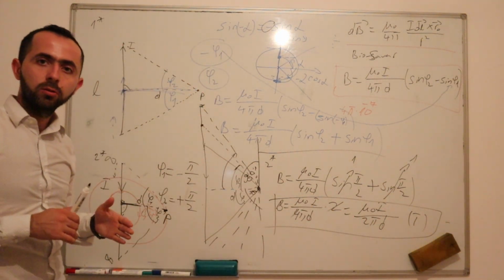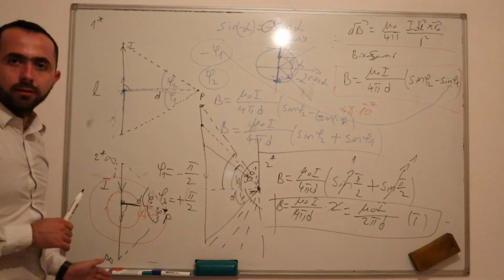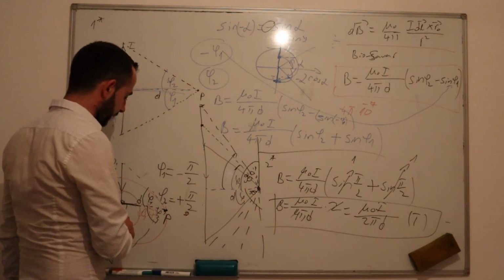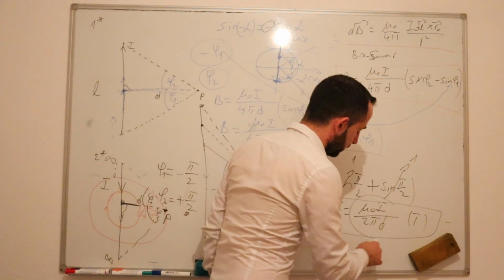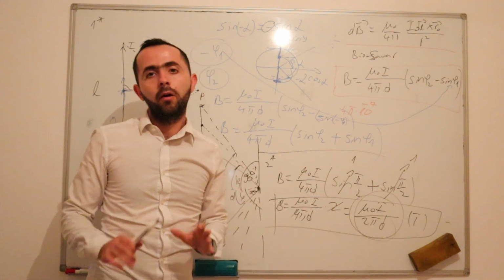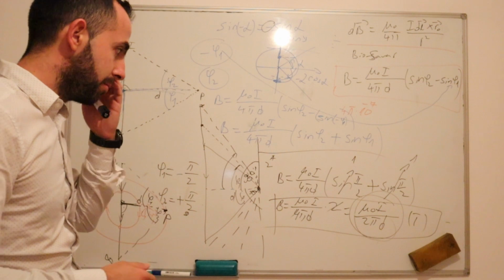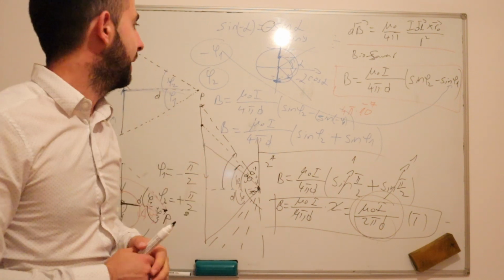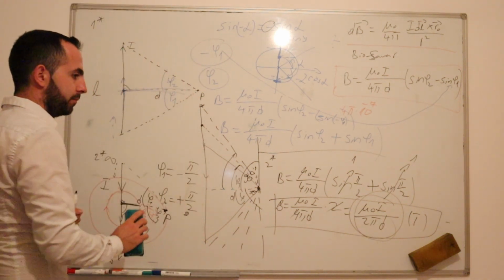For now, we will calculate it every time, but in the future, when we say we have an infinitely long conductor, remember that the magnetic field at the distance d or x or r from this conductor is this. So, please remember this formula. At the beginning you cannot use it, but after some time we will consider that we can use it, that we know it and such. So, let's continue.